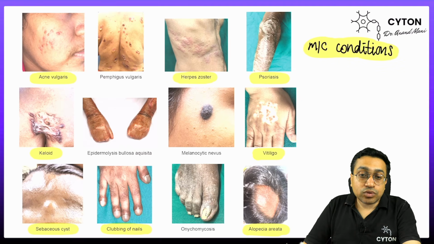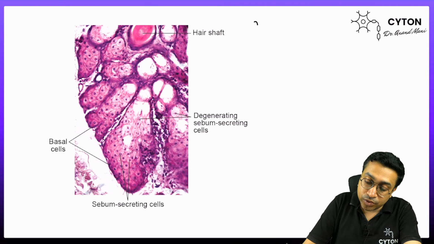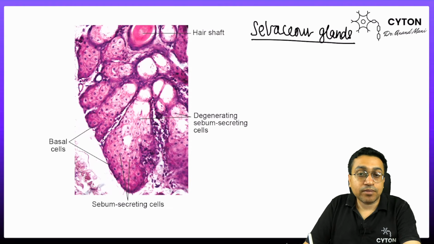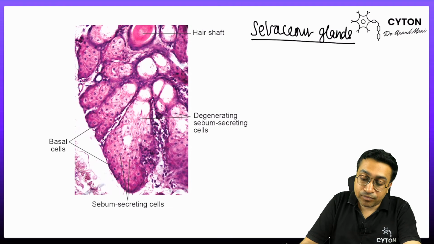Okay, so then you have the sebaceous glands, which you can see here. So this is the image showing the sebaceous glands, which are the holocrine simple saccular glands, which are the ones secreting the sebum.